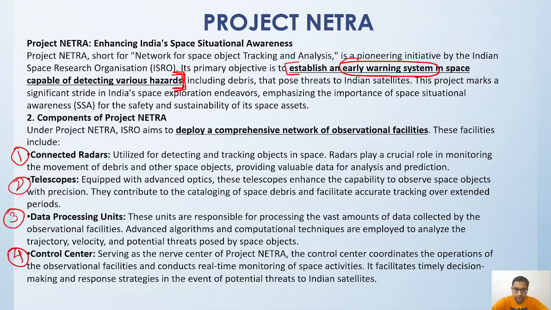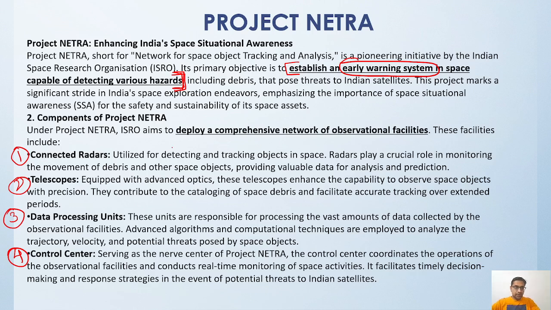So what will the connected radar be doing? Project Netra has been put in place to provide an early warning system against any threat that Indian satellites face because of space junk.